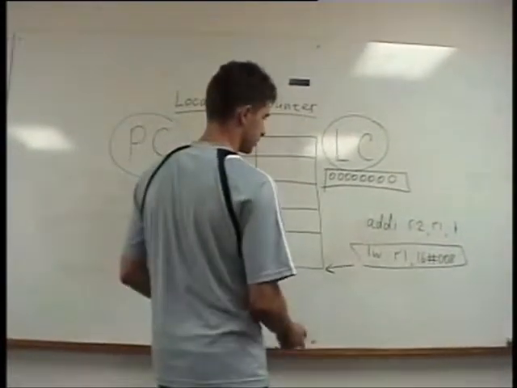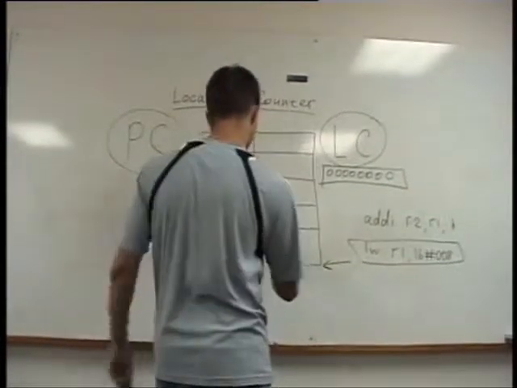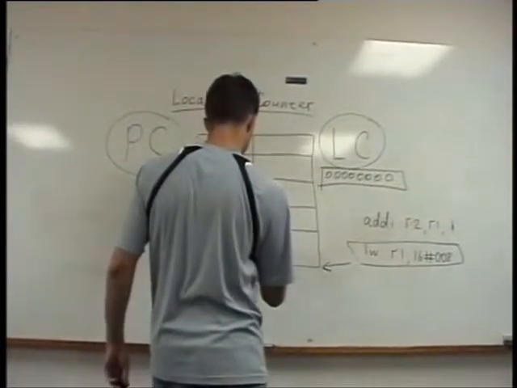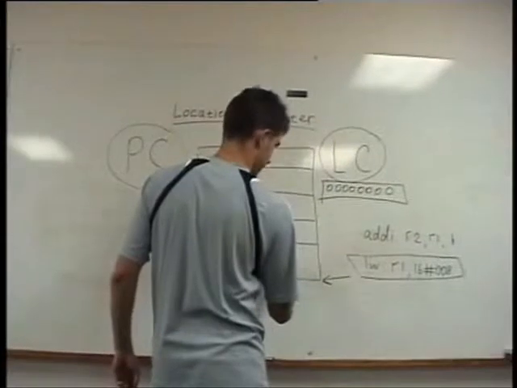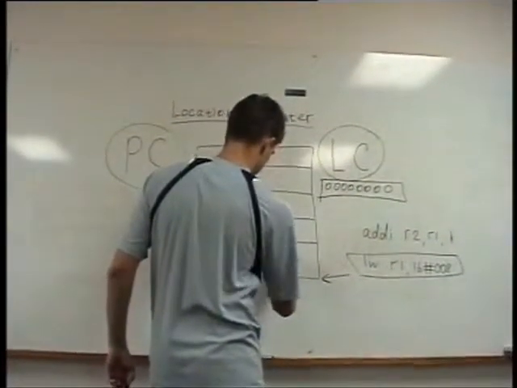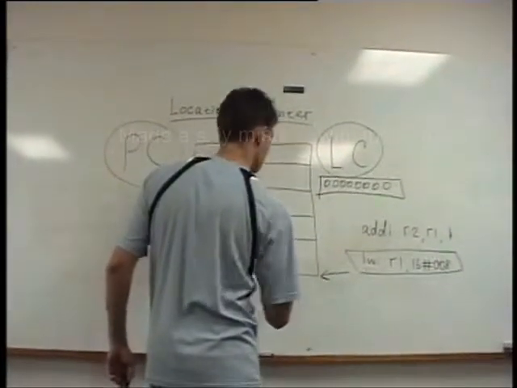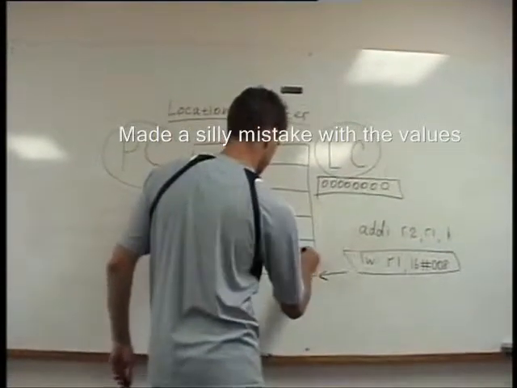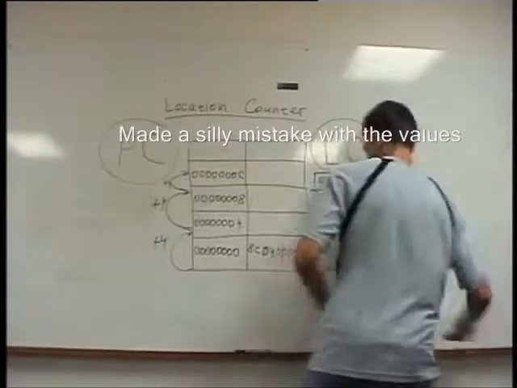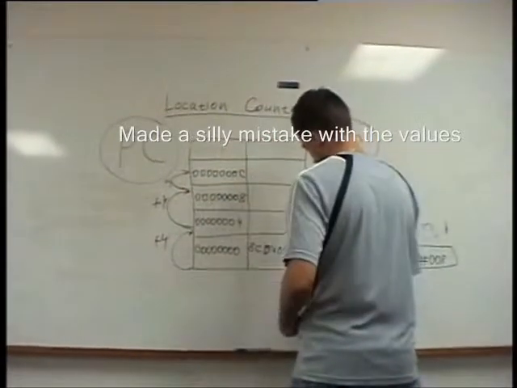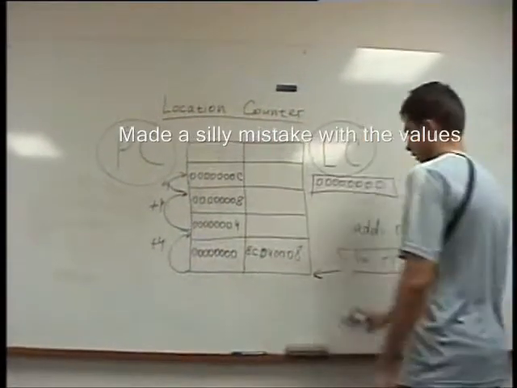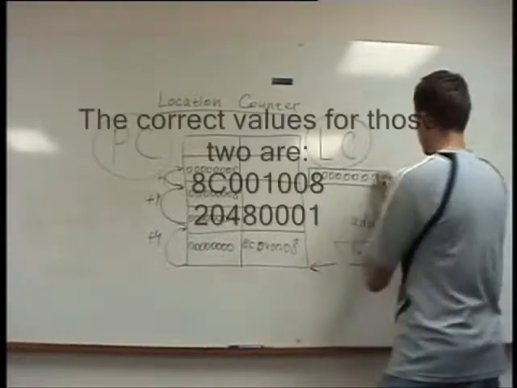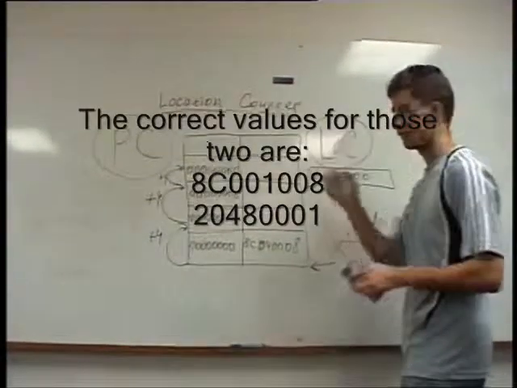So it's a load word from register 1, we'd have 8C, 0, 0, 4, 0, 0, 0, 8. It's done the translation, the location counter is then incremented by 4.